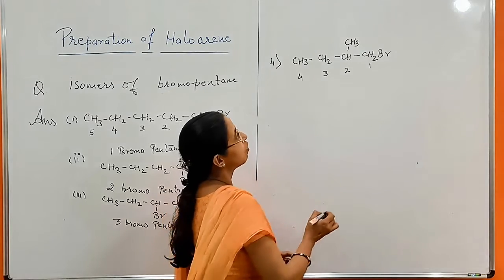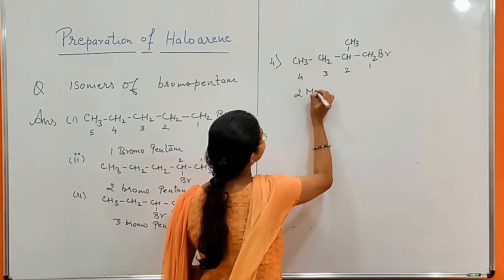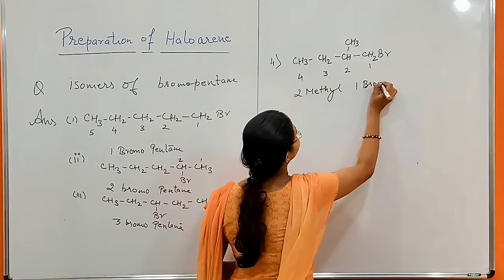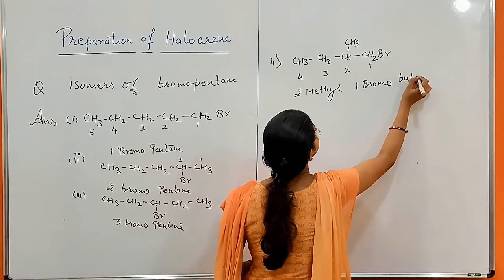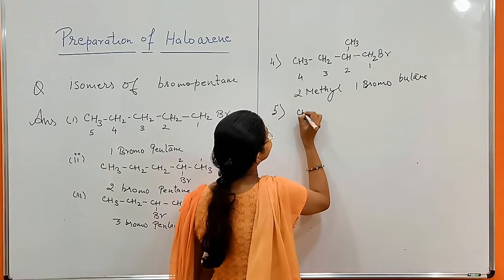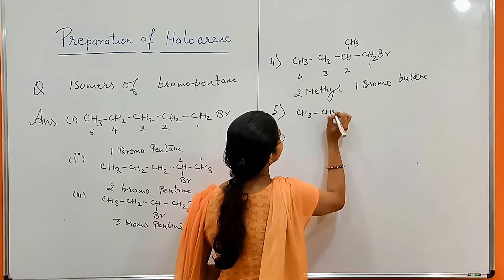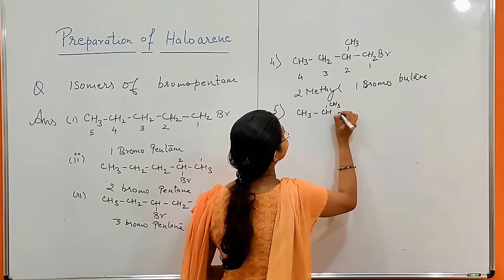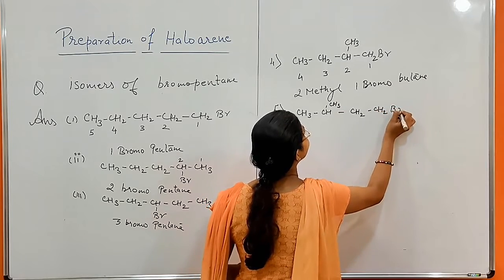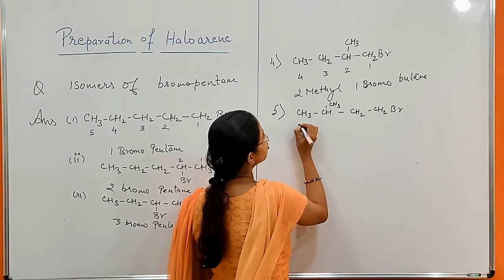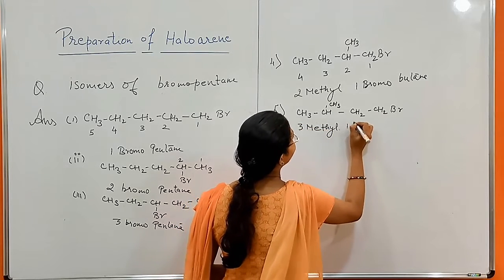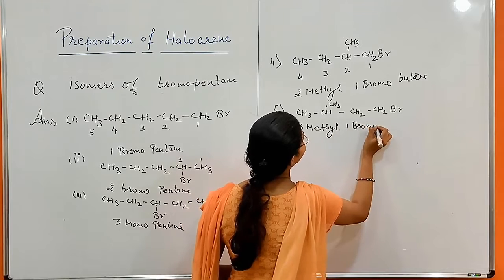So the name of the compound is 2-methyl-1-bromobutane. Now fifth one, CH3CH(CH3)CH2CH2Br. Now this compound is 3-methyl-1-bromobutane.